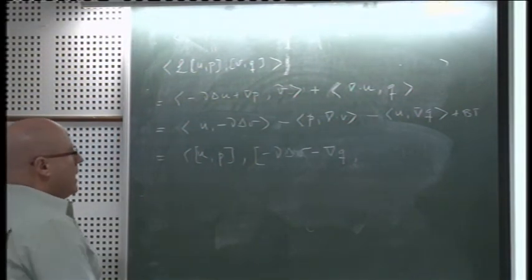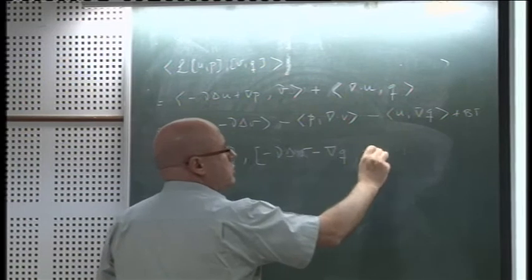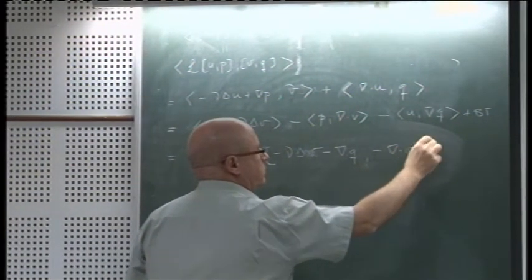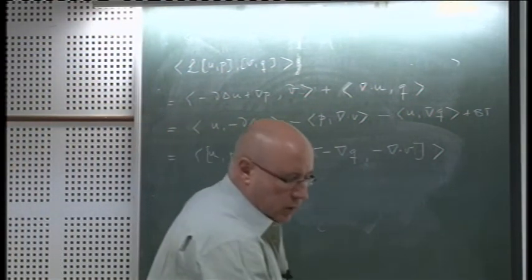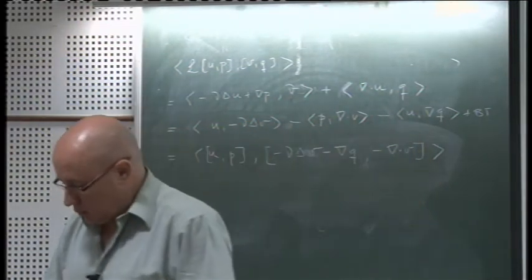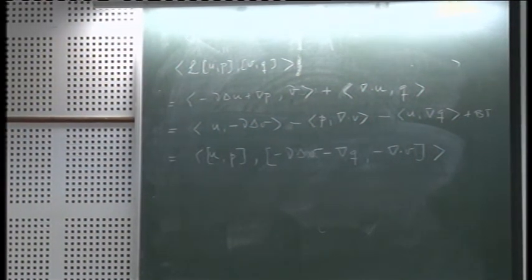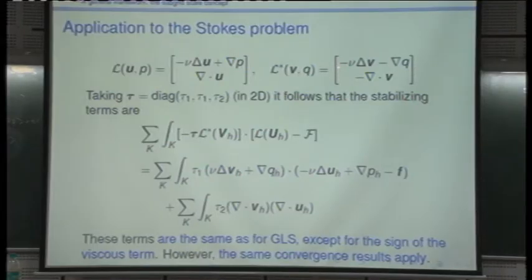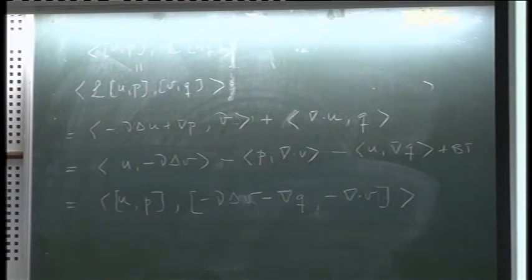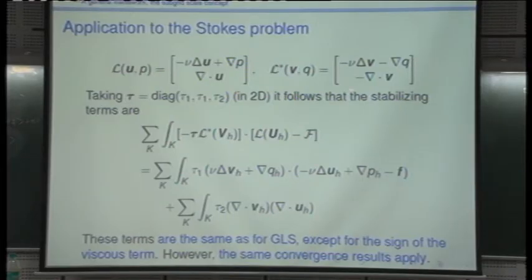And P is multiplying minus the divergence of V. Therefore, to see the adjoint of the Stokes operator, you have to consider the equation as a single one. If you don't do that, you will not see why. Then the adjoint of the Stokes operator has first component minus nu Laplacian of V minus gradient of Q, and second component minus the divergence of the velocity test function.